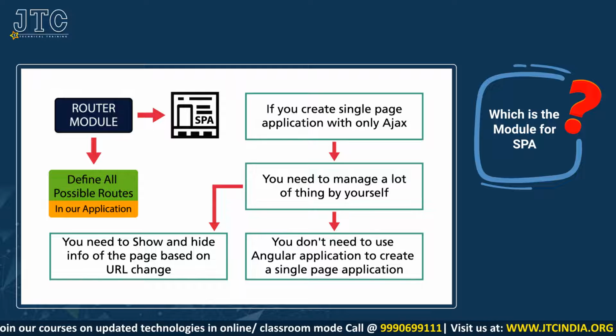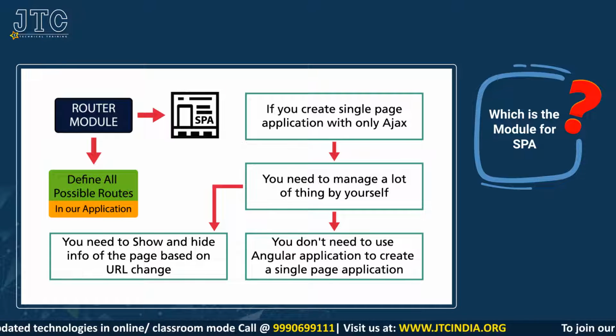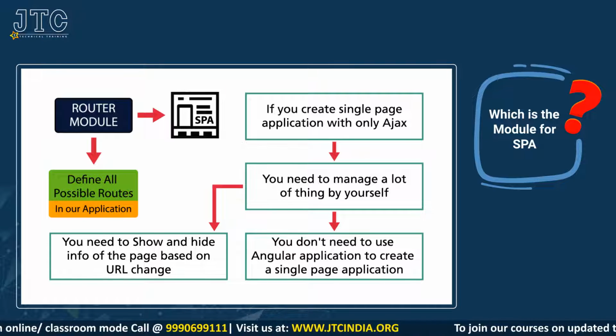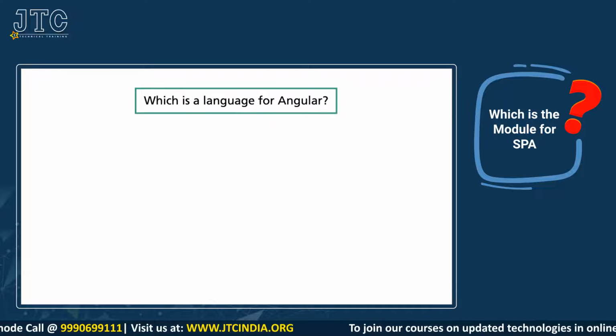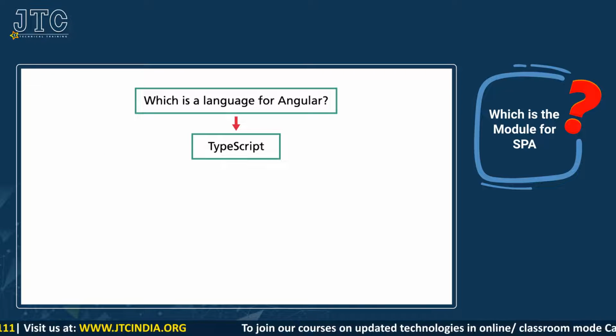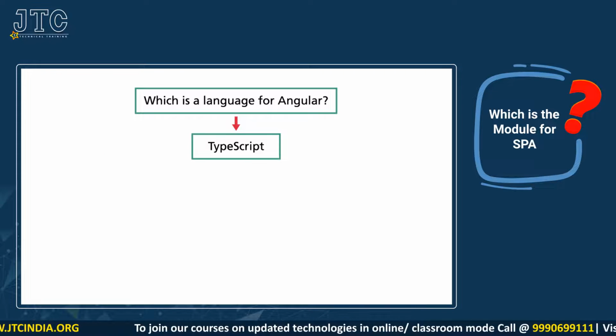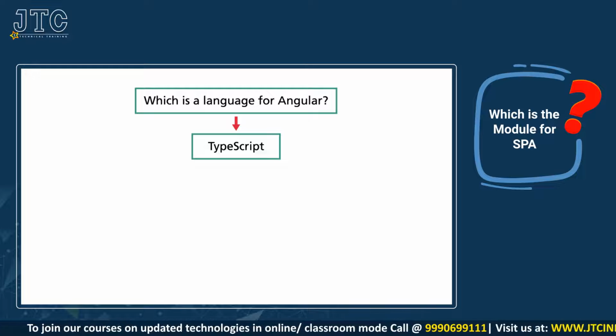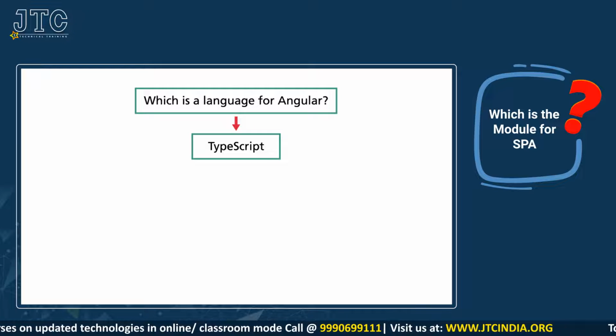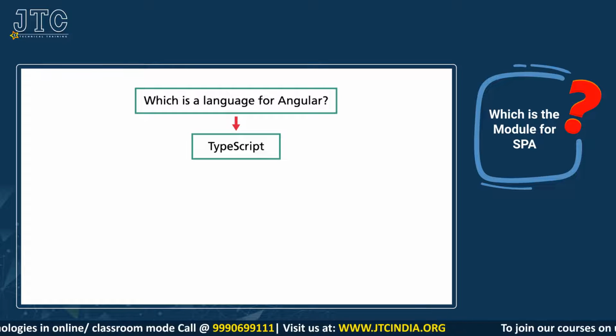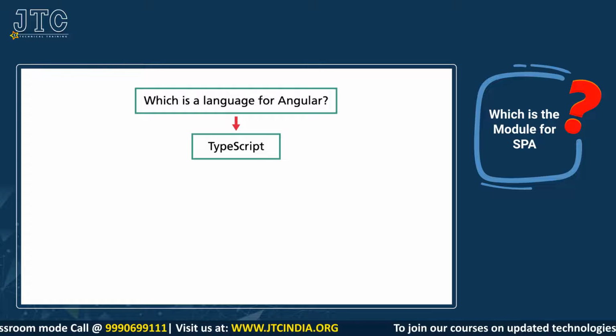So another question, which language are we putting down our Angular code in? It is TypeScript. So does our browser understand TypeScript? So how does this TypeScript code run in my application or my browser, I would say? So what is this conversion to JS called?